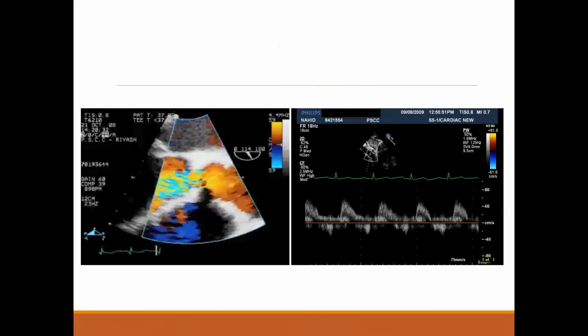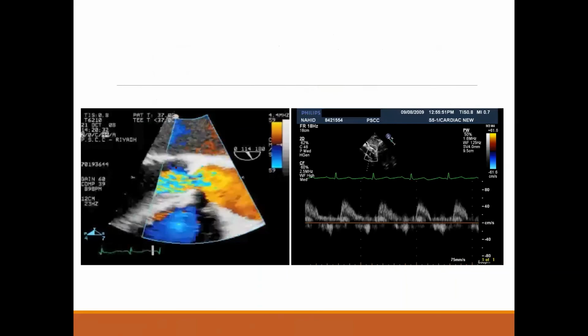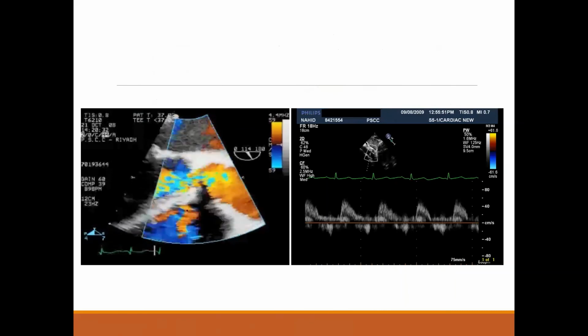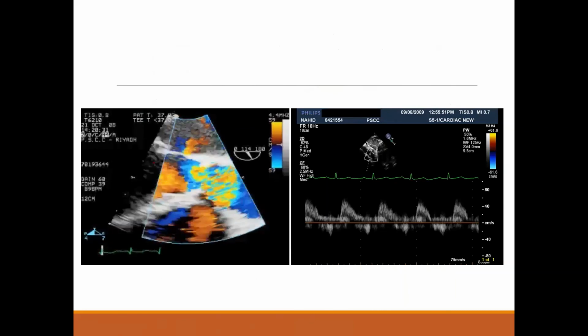Now what do we see here? This is a zoomed-in view of the aortic valve with color. The aorta itself is not seen, but the color suggests what?